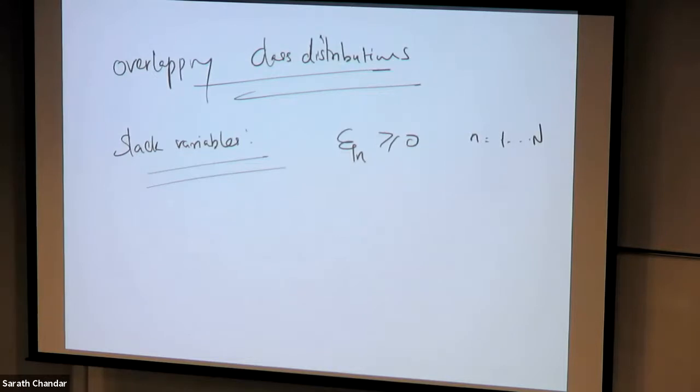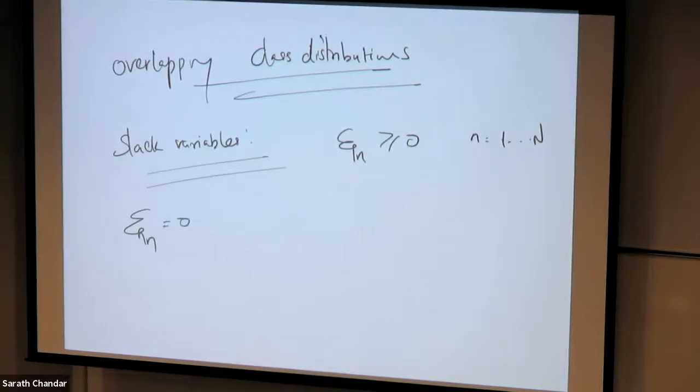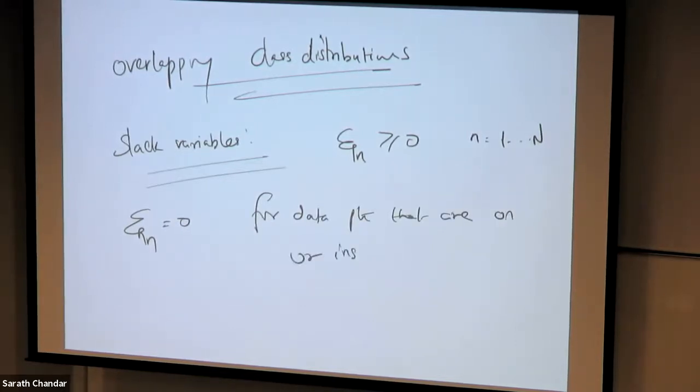If your slack is 0, then it means you have satisfied the problem, so you are within the boundary. The higher the slack, it just means that you're moving far away from the margin. Is that clear? Our goal is to minimize it as much as possible. Now epsilon n is equal to 0 for data points that are on or inside the correct margin.